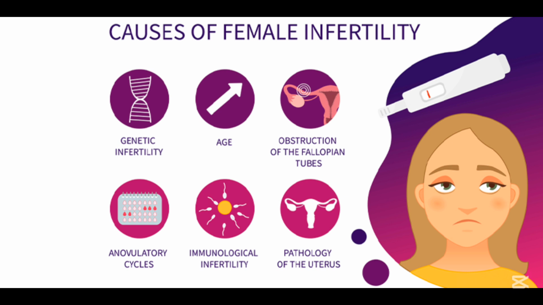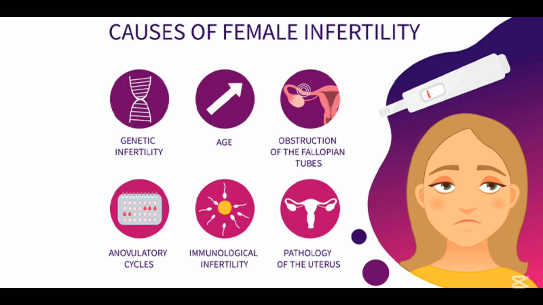Coming to uterine factors, they can have fibroids, polyps, adhesions, or congenital anomalies such as a septate uterus, leading to infertility. Females can also experience cervical factors such as insufficient cervical mucus or anti-sperm antibodies, thereby leading to infertility.